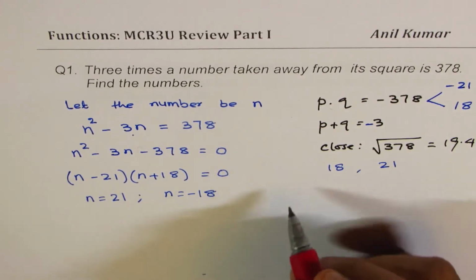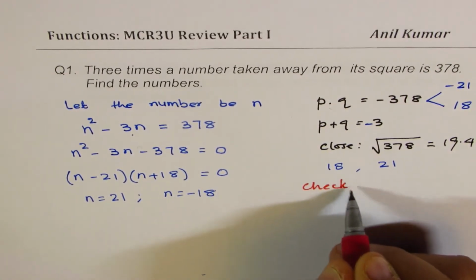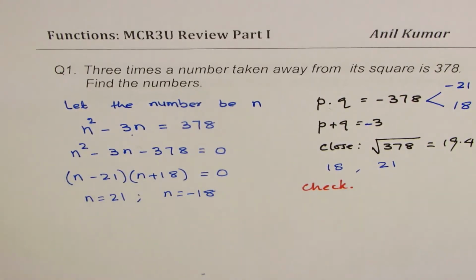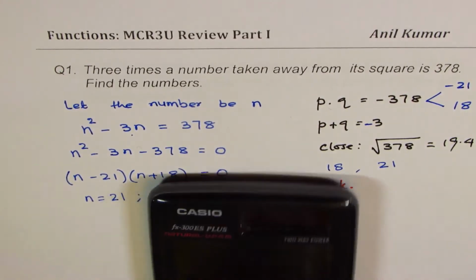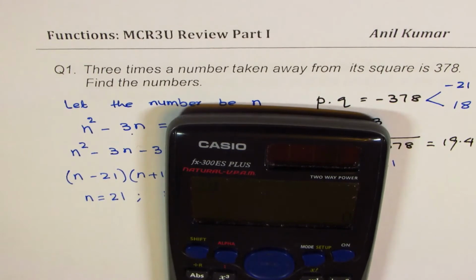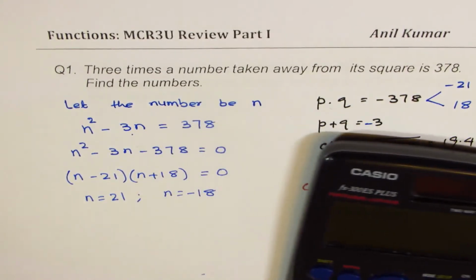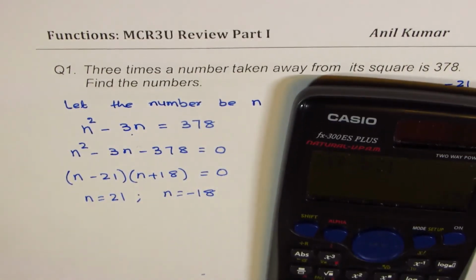It is always a good idea to check your solution, right? So let's check this. In the calculator, let us substitute 21 square minus 3 times 21, which is 378. And let's do it with minus 18 also.